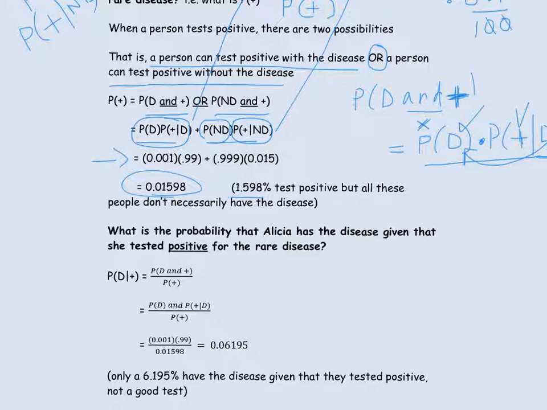In the second part of the question, let's read the question, and as we're reading it, let's write down the probability that we need to figure out. So what is the probability that Alicia, a random person, has the disease given that the person tested positive for the disease? So as you're reading it, write down the probability that you need to figure out.